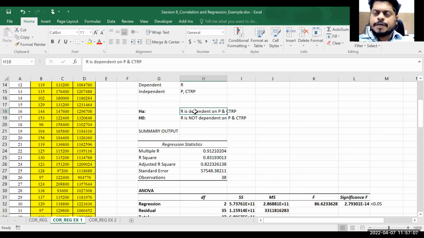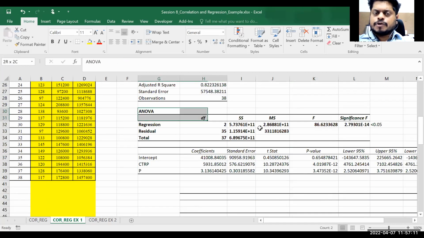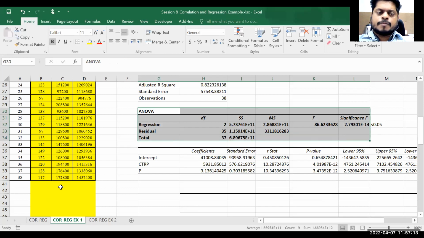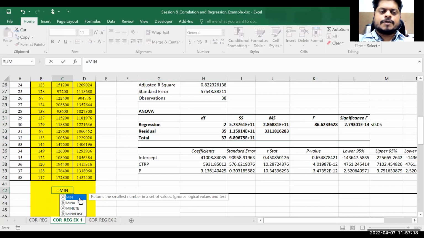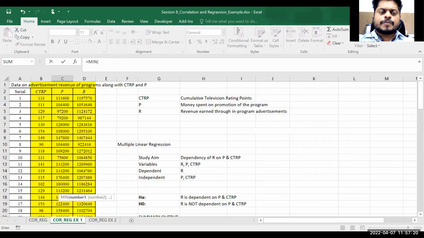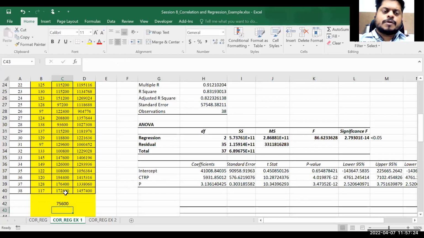That means R is dependent on promotion and CTRP. Always remember, this equation will remain valid within the range of my independent variables. So what is the minimum value? 75,600, maximum value.